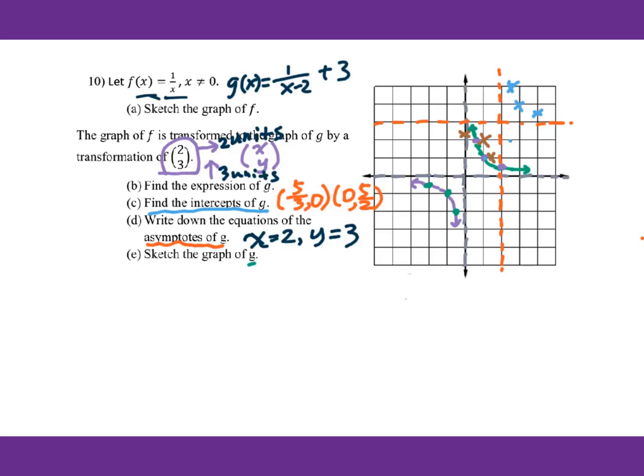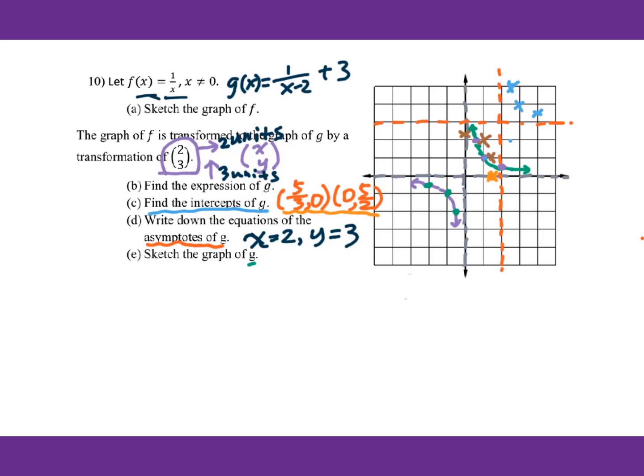Since we already got the y-intercept and the x-intercept for g of x, we will plot the points. 5 over 3, 0, that is 1.7 something. Estimate over here.